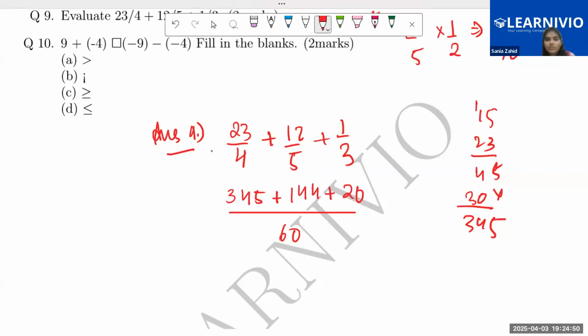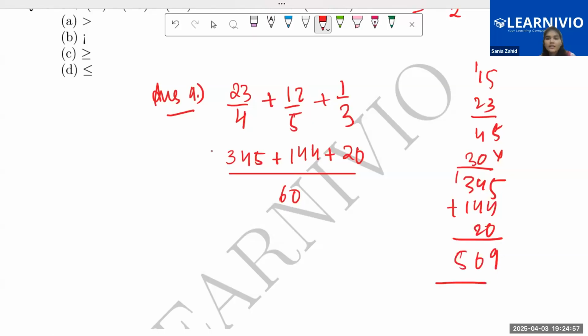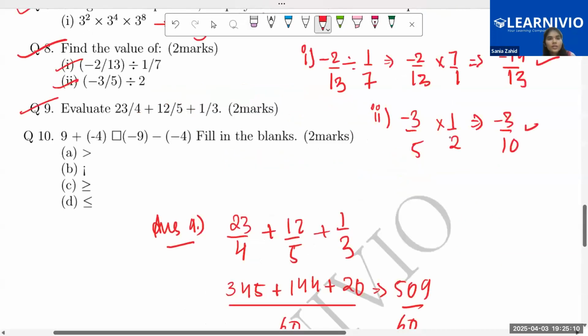So 345 plus 144 plus 20 is 509. 509 by 60. Same answer. Good. So that's correct. Okay, now you have question 10.